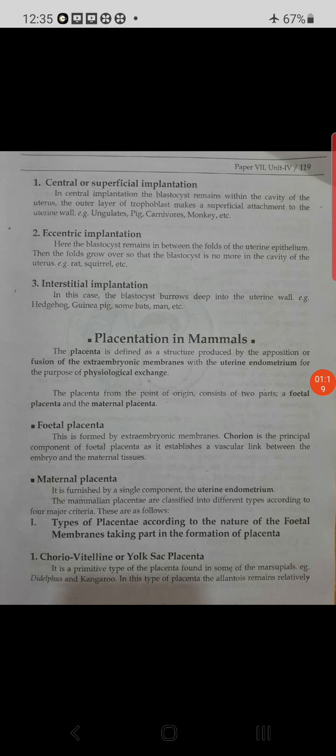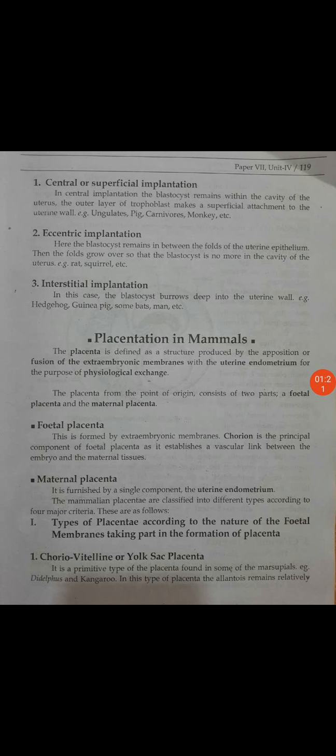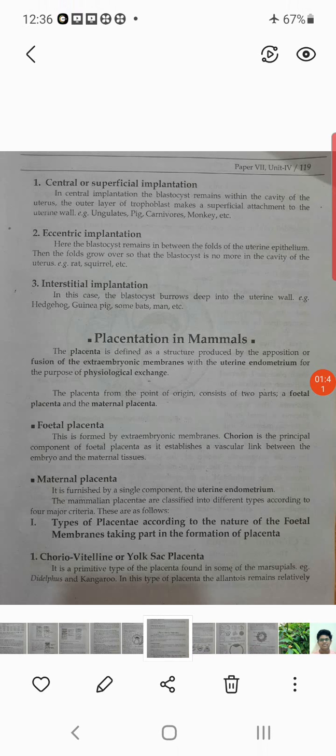Now the placenta, from the point of origin, consists of two parts, a fetal placenta and the maternal placenta. That means the placenta made by the fetal tissue and the placenta made by the maternal tissue. So here, first of all, we see the fetal placenta.